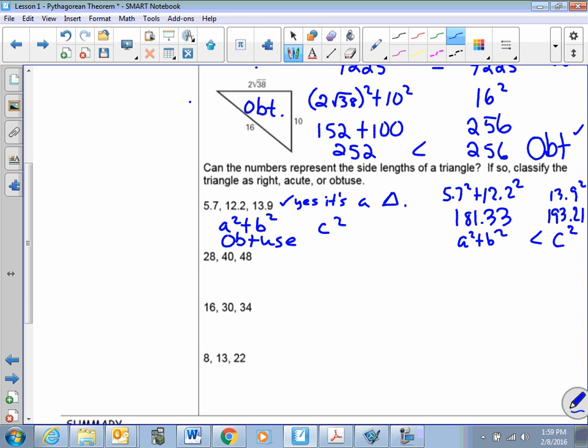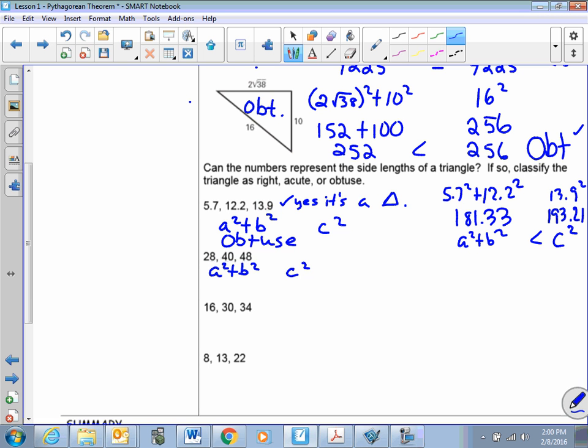Okay. Now let's see what we have here. First we want to decide if it's even a triangle. 28 plus 40 is 68, definitely greater than that. So yes, definitely is a triangle. So let's see, could this be a Pythagorean triple? What goes into all these? 4 does, right? 7, 10, 12. No, that's not one of our Pythagorean triples. So I'm left with, once again, finding a squared plus b squared and then c squared.